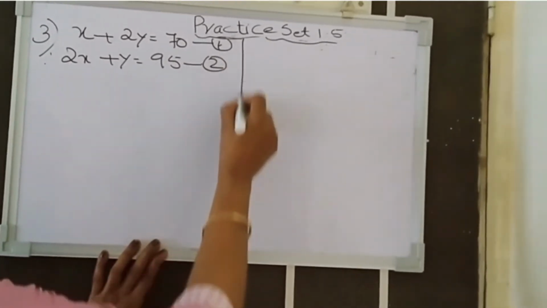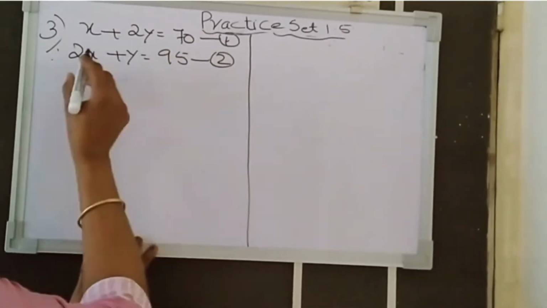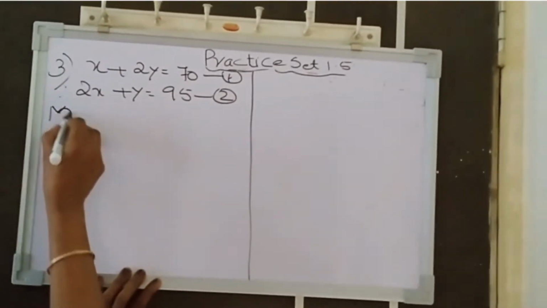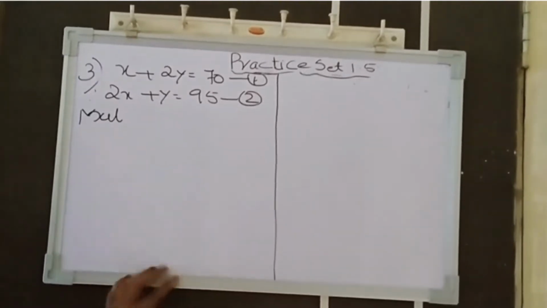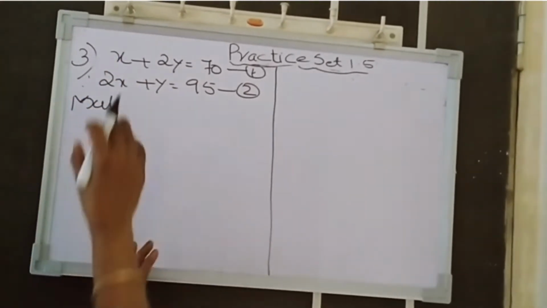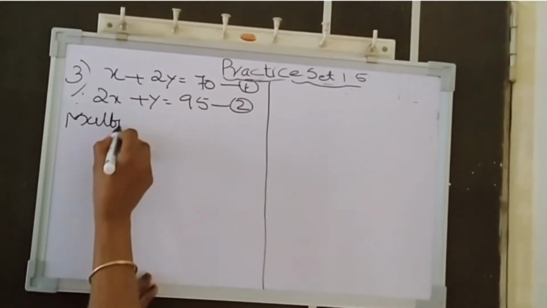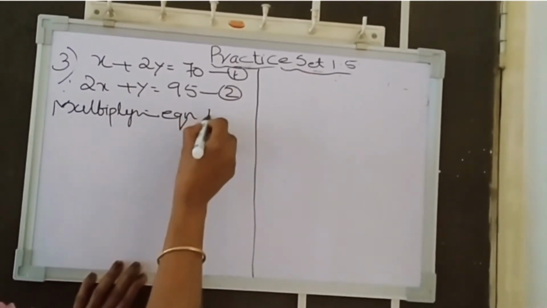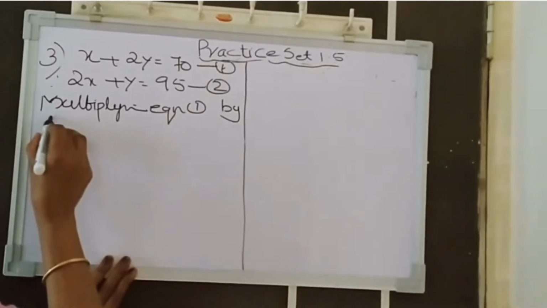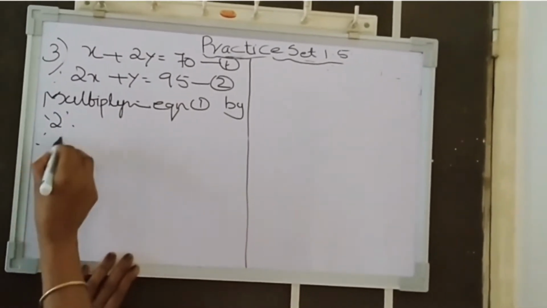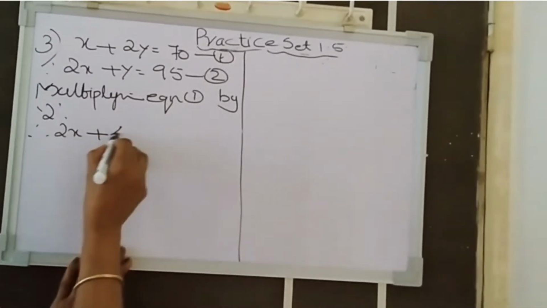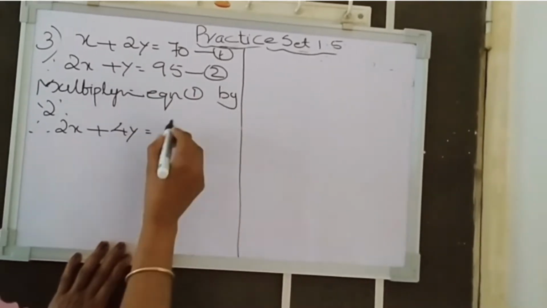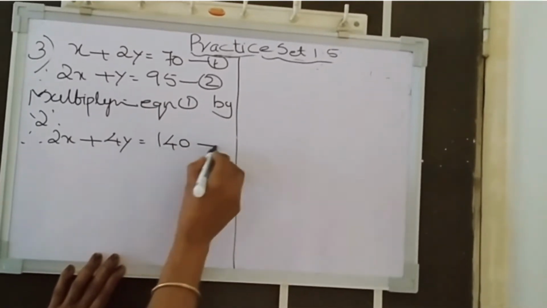To find the value of x and y, by the elimination method, we have to find out the value of x and y. Multiplying equation 1 by 2. Therefore, 2x plus 4y equal to 140, equation 3.